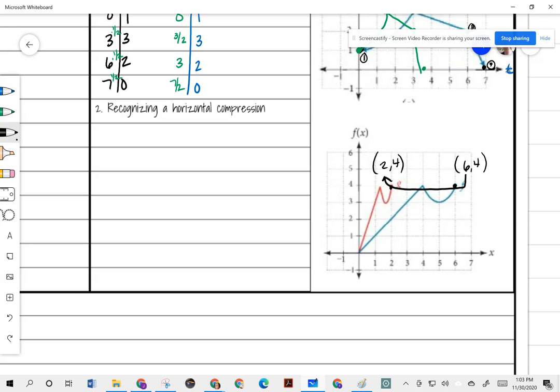Okay, so we could see that g is 1/3 of f. Okay, so what we want to do is figure out how I can write the equation for that. And so we could have g of x is equal to the f function and then 3x.